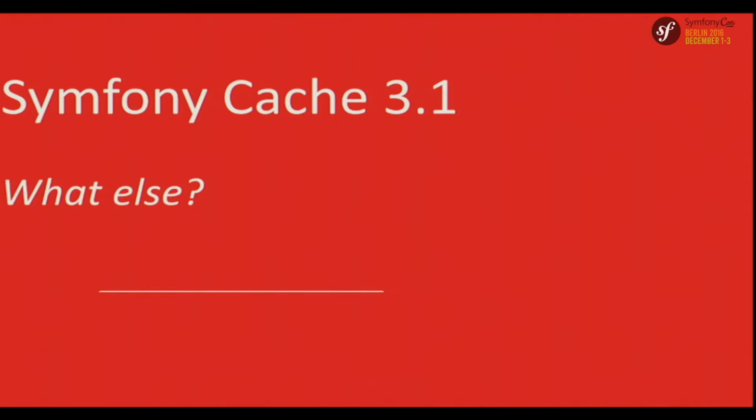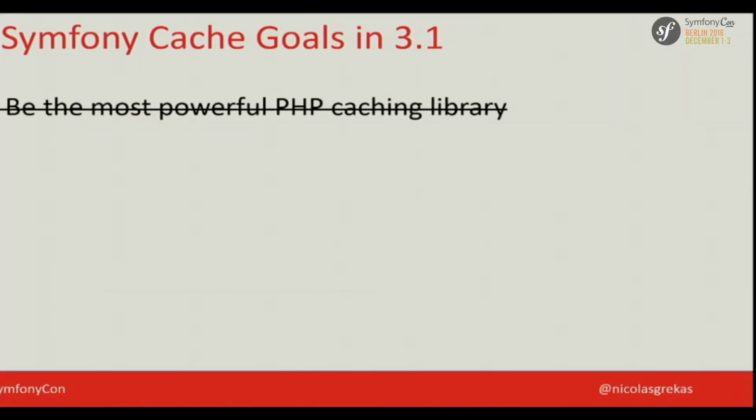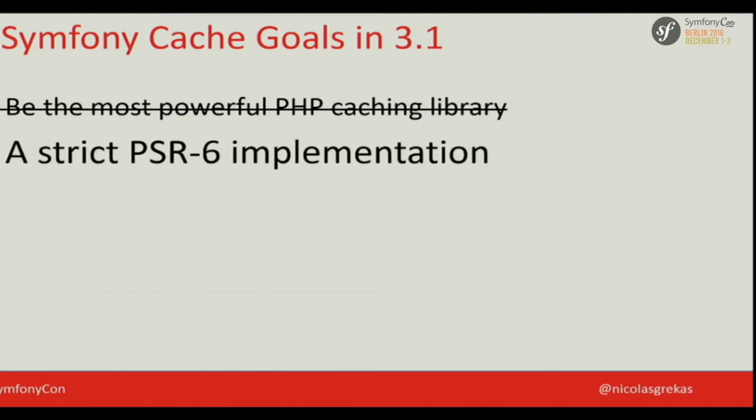Symfony waited for PSR6 before having any cache component. Symfony did not want to create another interface and be without any standardization. So we waited for a standard, and then we implemented it. The goal in 3.1 was not to be the most powerful caching library, it was just to be a strict PSR6 implementation.